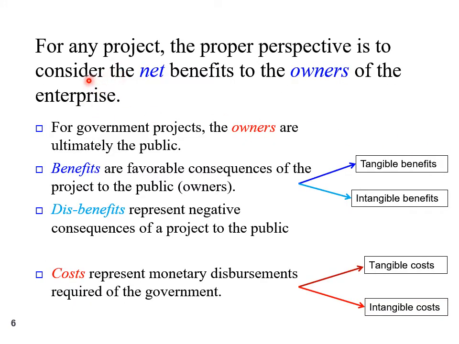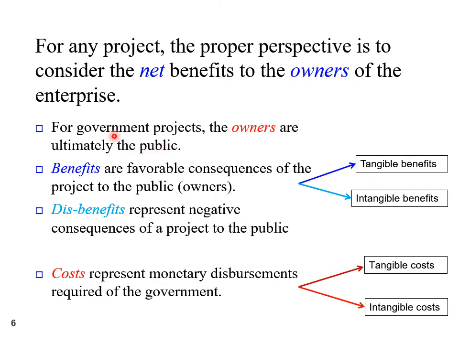So for any project, we need to have a proper perspective. Remember the principles of engineering economy. We need to have a perspective. And for a publicly owned project, what is the perspective? Who is the owner of the project? Usually in public projects, in governmental projects, the owners are the public, the people.